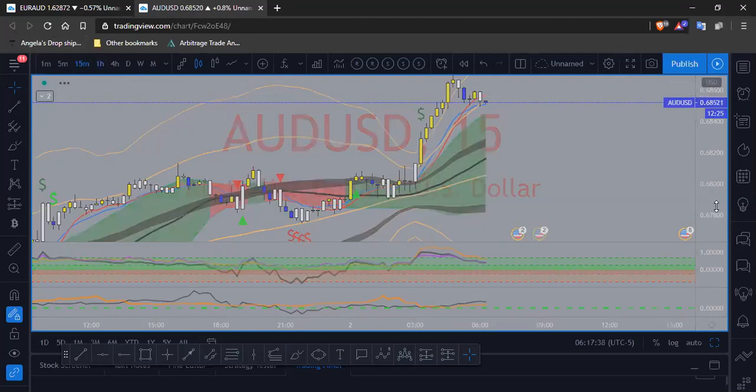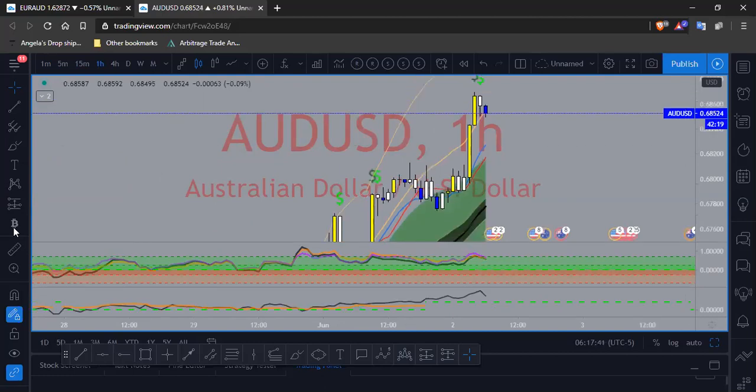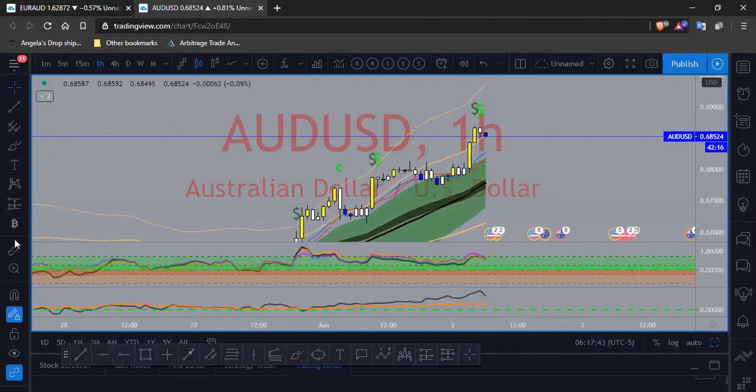I mean, between where price is currently at to the RSI line it's currently 72 pips.